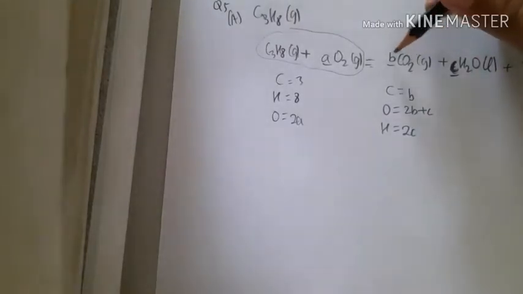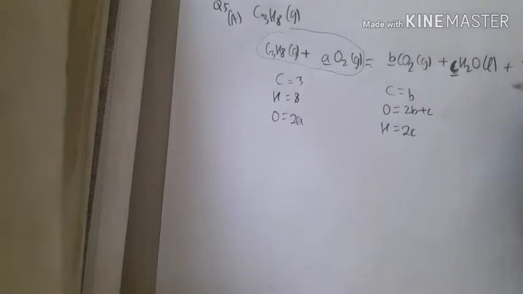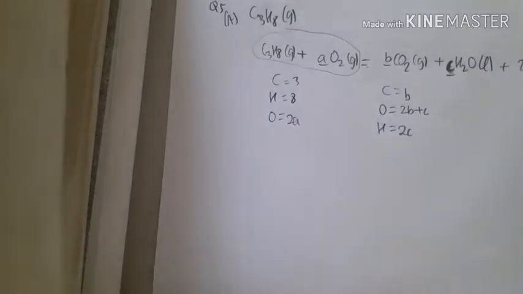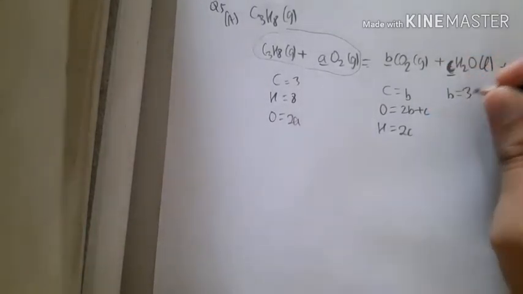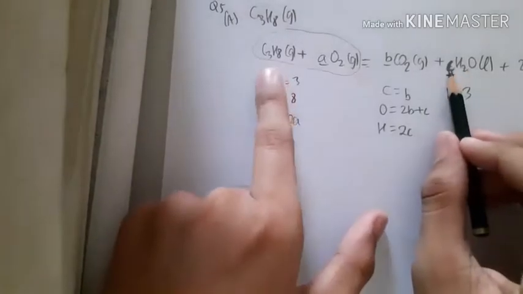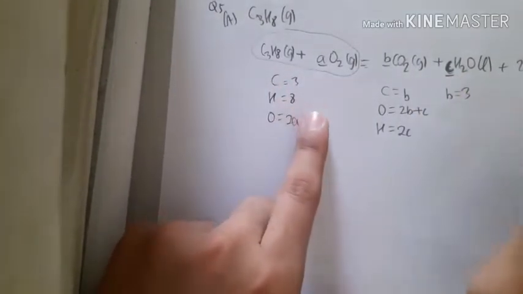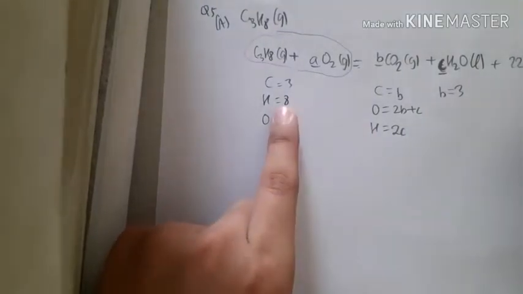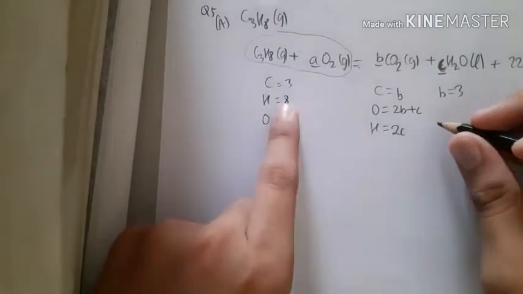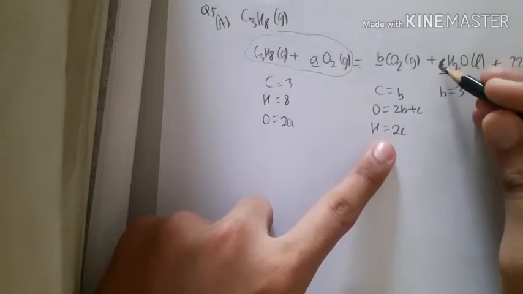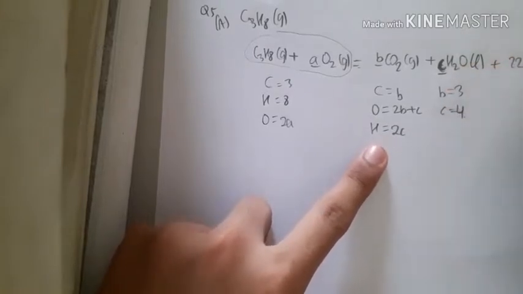So this is 2B and this is C. So B is 3 because from product and reactant the coefficient should be the same. So B is 3, and for H it is 8, so here C is 4.